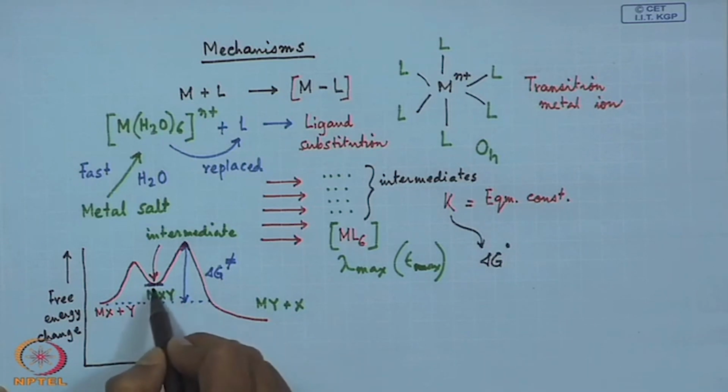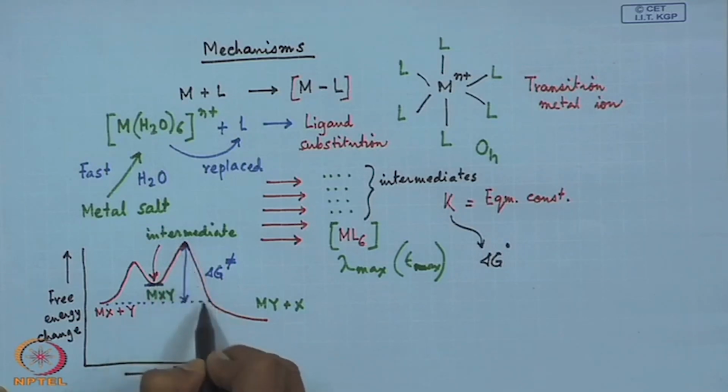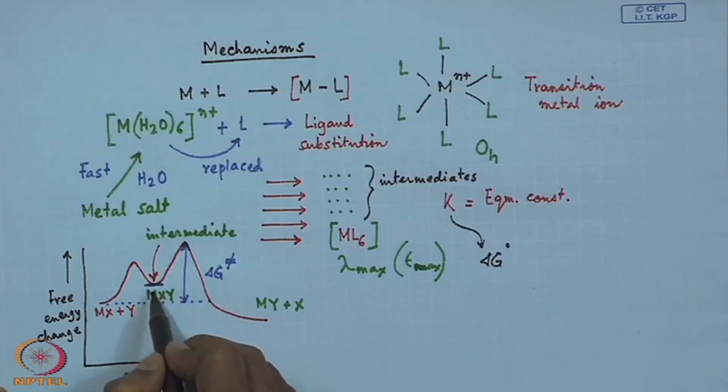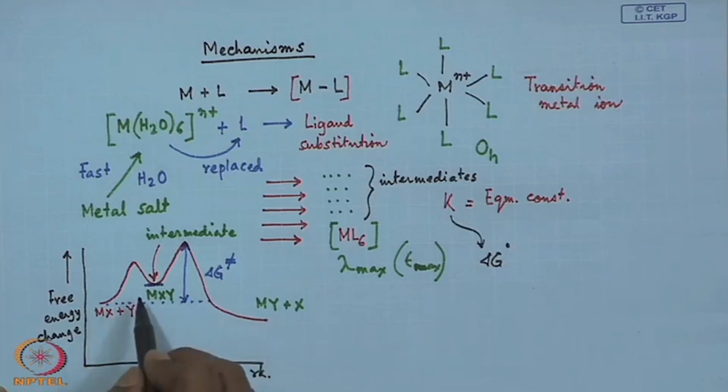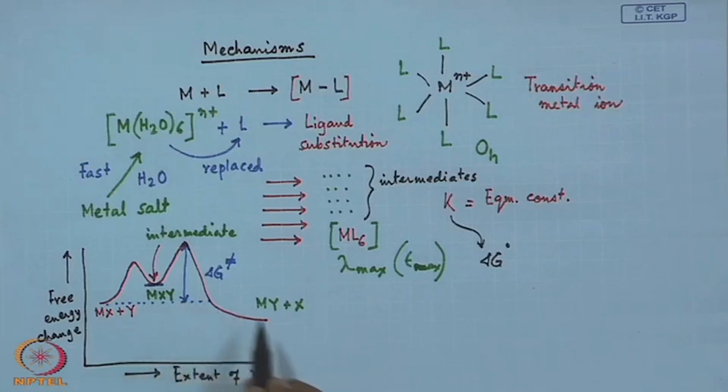Then this MXY further crosses another hump where this particular energy of activation is required to proceed the reaction from left to right, which is the corresponding energy barrier for the reaction to produce MY plus X. So, this is a different form where we do not have any intermediate step, but if an intermediate is there and can be detected, we have the corresponding reaction coordinate for the determination of the formation of MY.